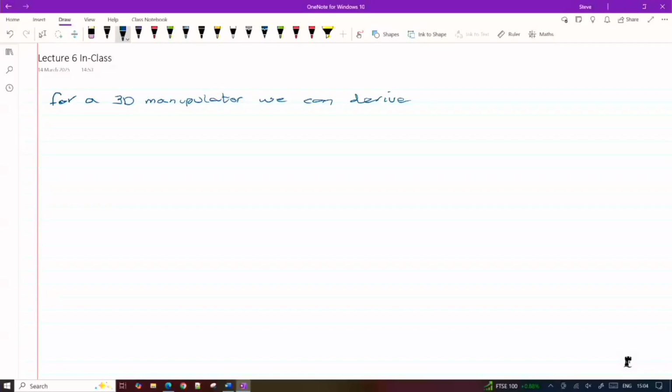So we know for a 3D manipulator, we can solve the forward kinematic problem using the DH algorithm. This was covered by David a couple of weeks ago.